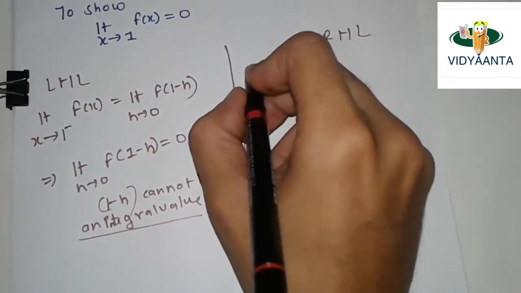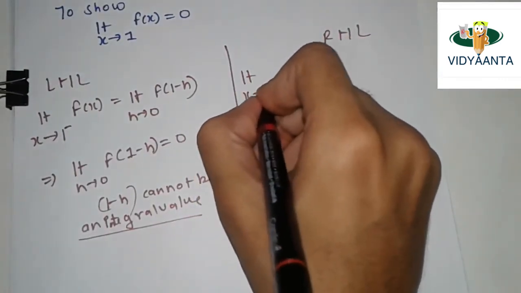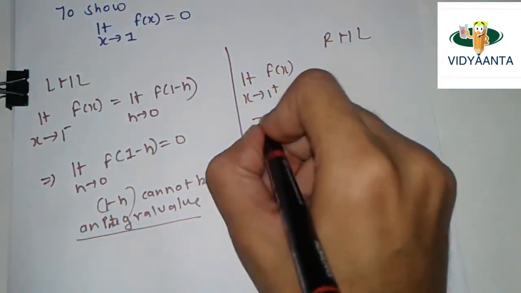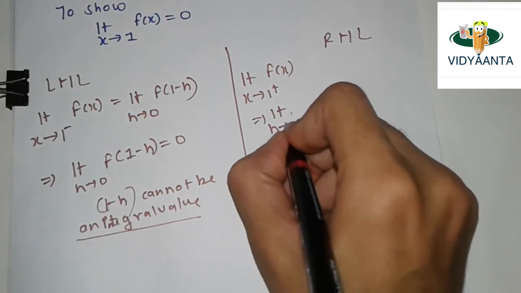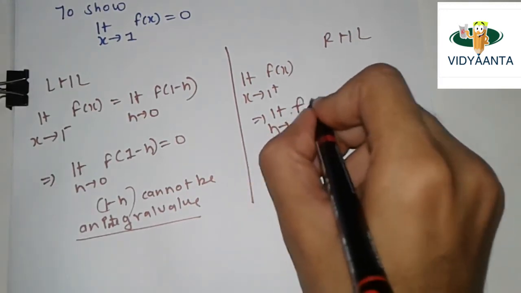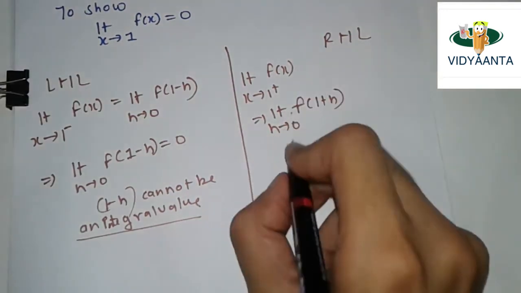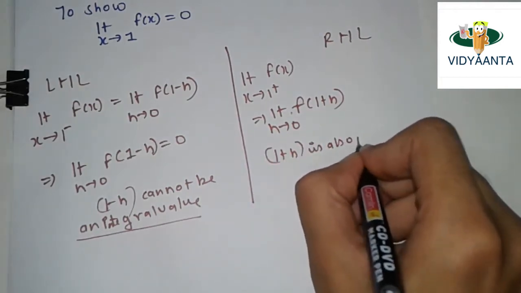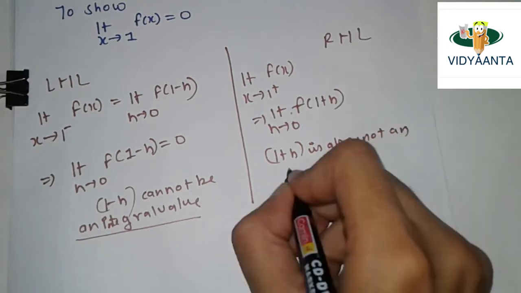Similarly, in the right hand limit x tends to 1 plus of f(x), it implies limit h tends to 0 of f(1 plus h). 1 plus h is also not an integer value.